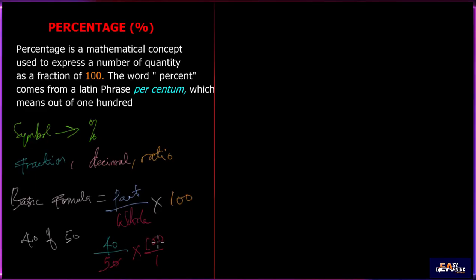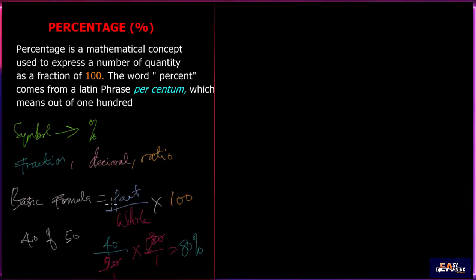If we solve this, 0 cancels 0, 5 cancels itself, comes to 2, and then 40 times 2. The percentage that passed the exam will become 80%. So we just solved this to establish the basic formula, part all over the whole.